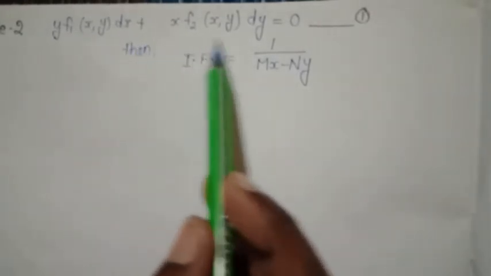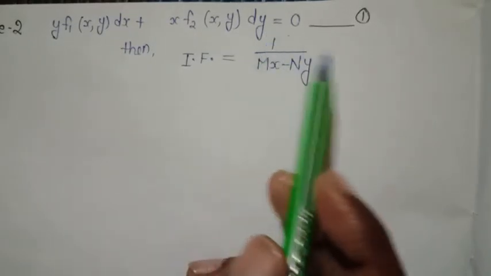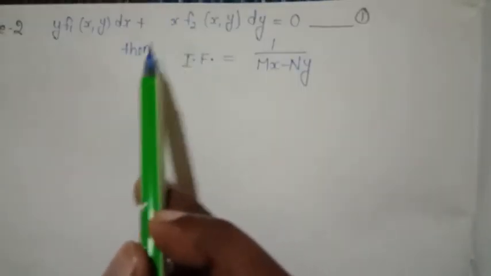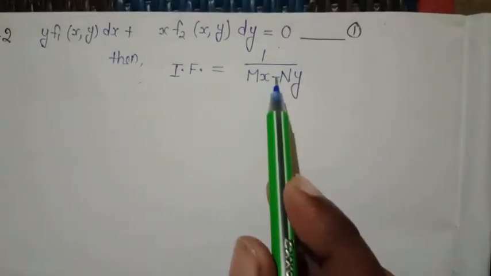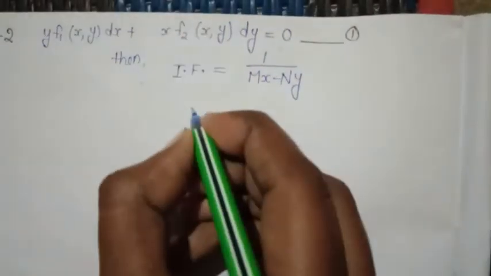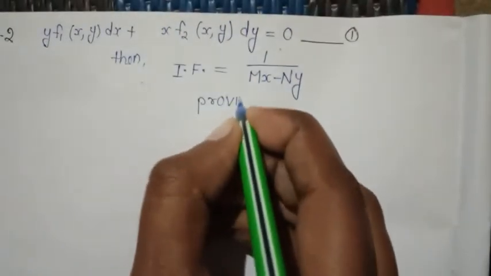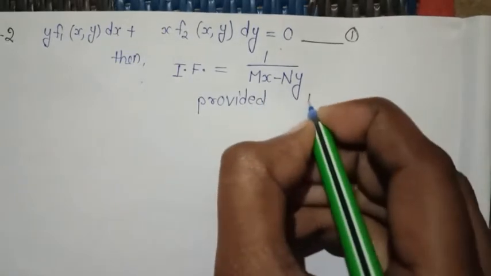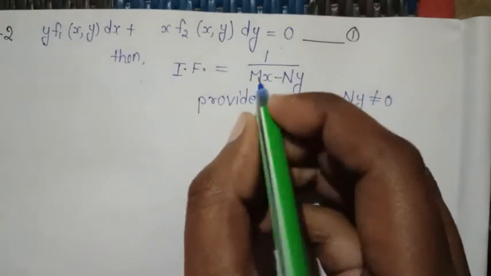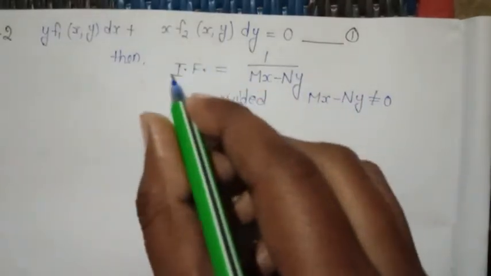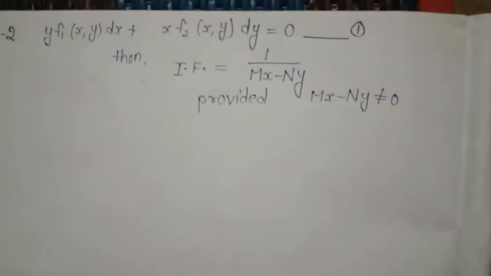If the equation is given in this form, and the equation is not exact, in that case we can make it exact by multiplying by an integrating factor, that is 1 upon Mx minus Ny, provided Mx minus Ny is not equal to 0. Since if Mx minus Ny becomes 0, the integrating factor becomes undefined. In that case, we cannot find the solution of the given differential equation.